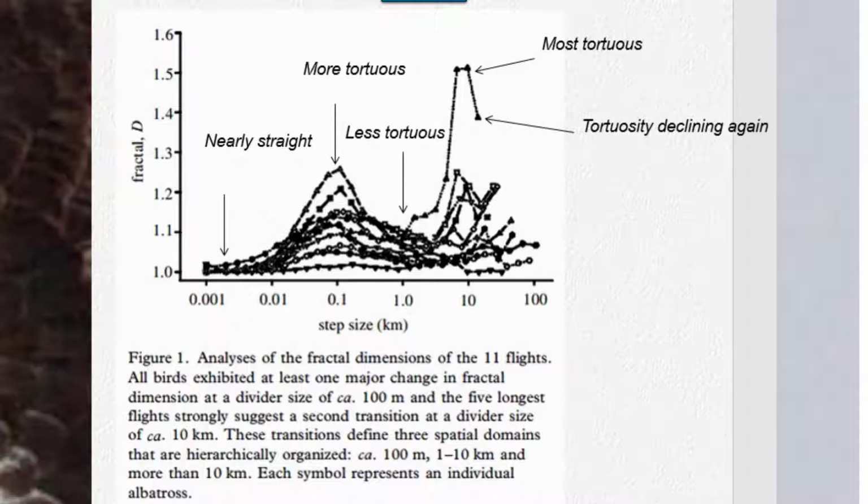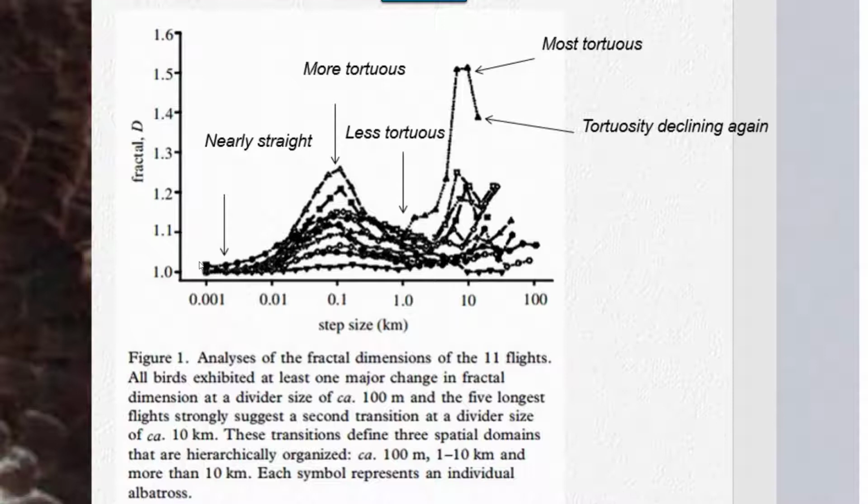So right about here, at the 100-meter mark, there was a large shift or increase in the fractal dimension value, which suggests that there was quite a bit of twisting that occurred within the path of the animal. There was also evidence of a secondary transition at a divider size of about 10 kilometers.